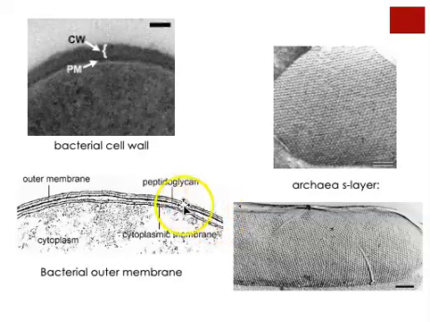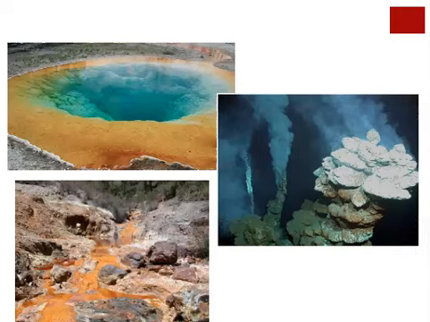That is the cell wall around this cell. And then outside of that black line, there's a second membrane. It's labeled as the outer membrane. So there are some bacteria that have a cell wall, but also a second membrane. Those are what we call gram-negative bacteria.